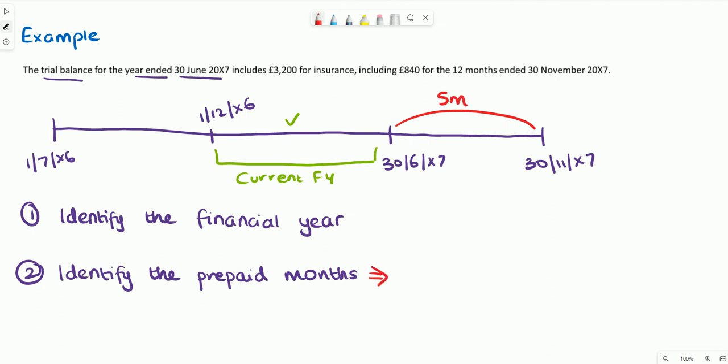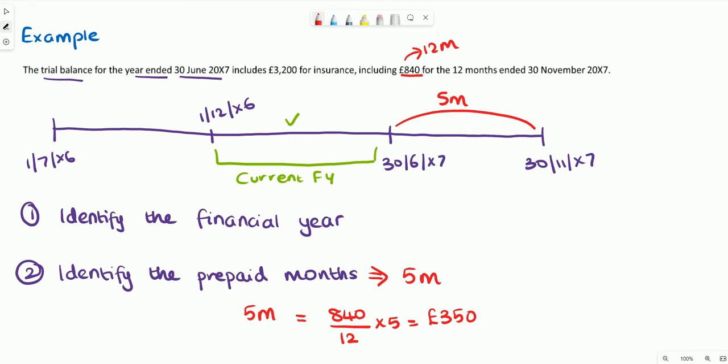Therefore, my prepaid months will be 5 months. Now I know I paid 840 for 12 months. Therefore, for 5 months, that's going to be 840 divided by 12 multiplied by 5. Okay, and that is going to give me £350. This means my prepayment is £350.